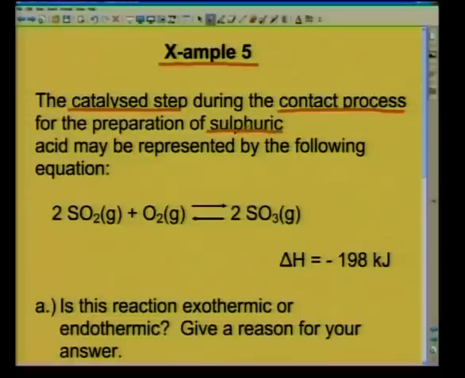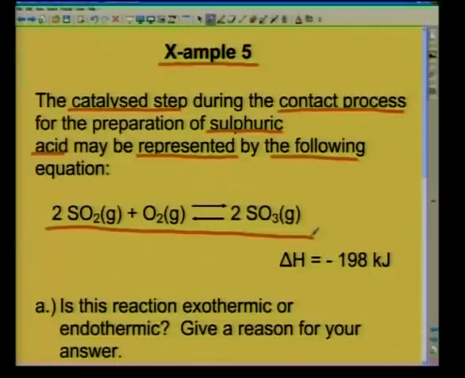So when that contact stage is reached, the chemical reaction that represents it is this one here, and it is a reversible reaction, and it can reach a state of equilibrium. And delta H, heat of reaction, is minus 198 kilojoules. Now we need to understand what this means here.